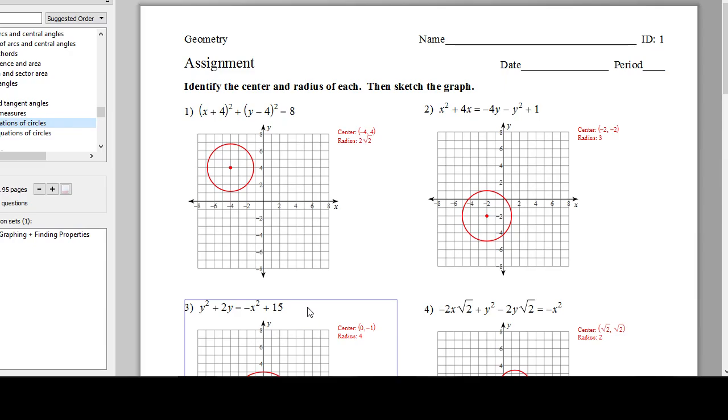Okay, so y squared plus 2y minus x squared plus 15. Okay, step 1 would be what?